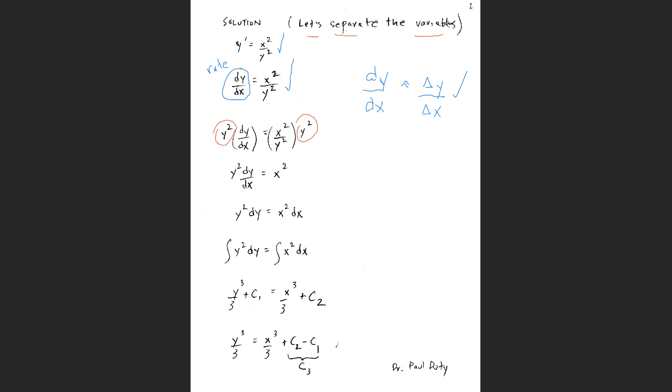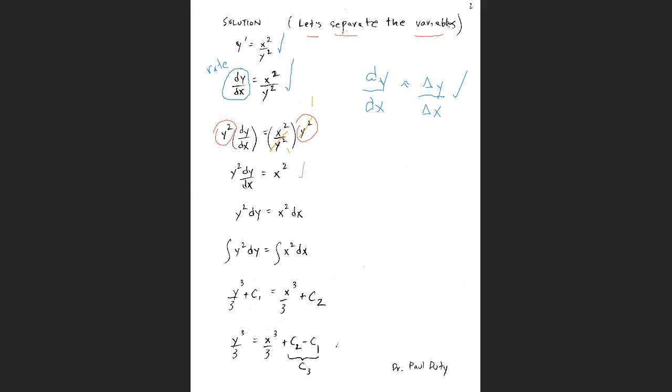And so on the left side, the y squared simplify out, and you're left with y squared dy dx equals x squared. Y squared times dy dx equals x squared.